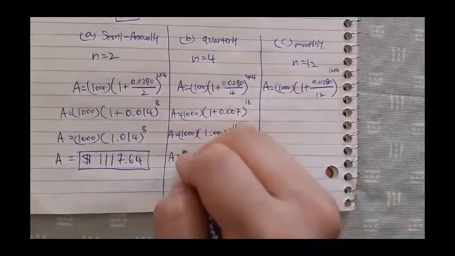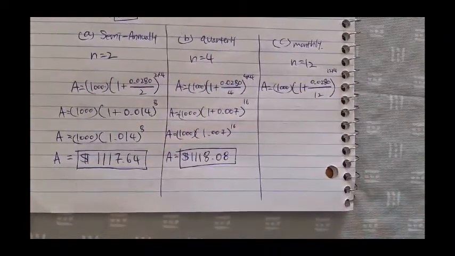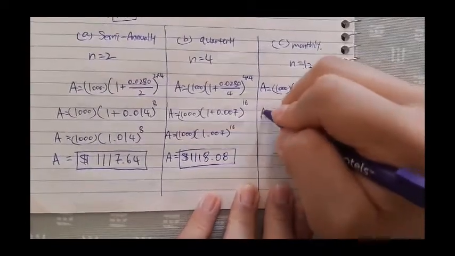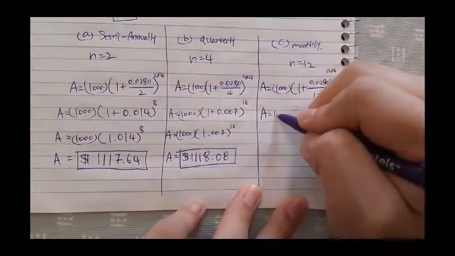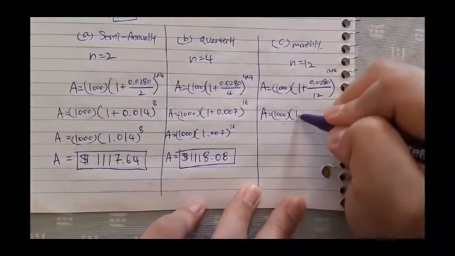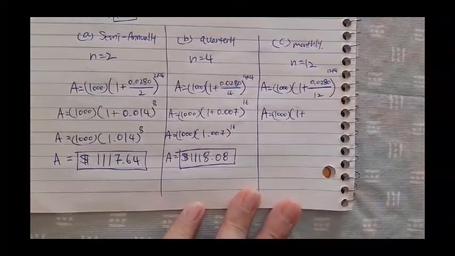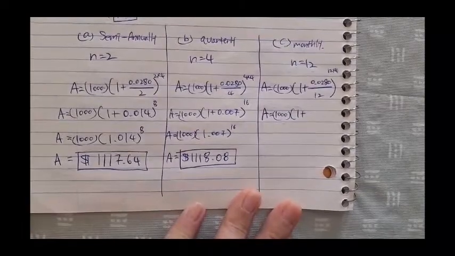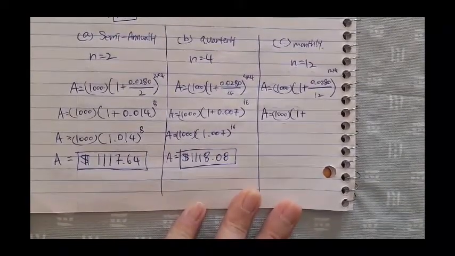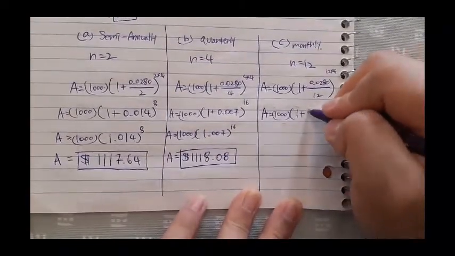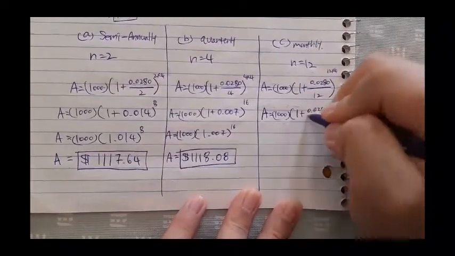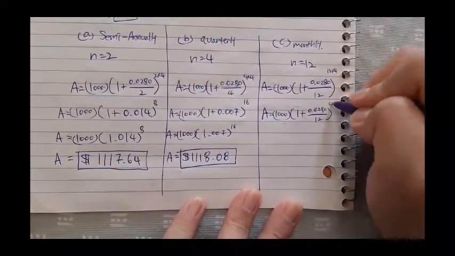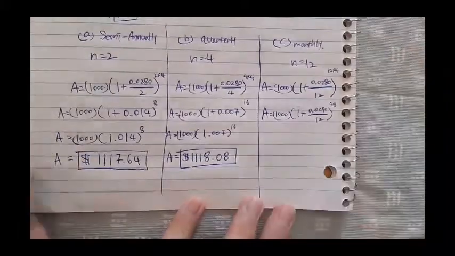That gives $1,118.08. For the last one, 0.0280 divided by 12. Oof, for this one, it seems like it's not simplified, so I can just simplify the top number.